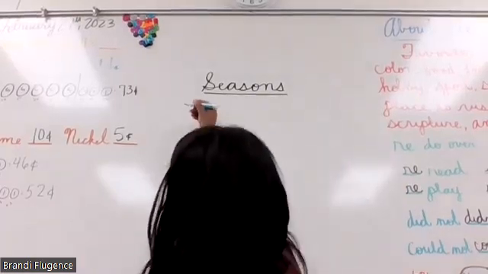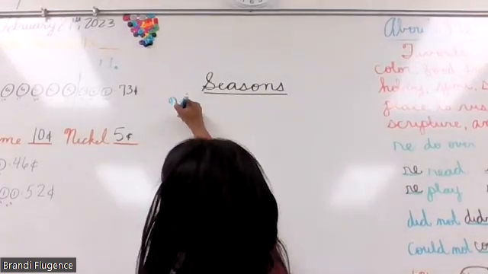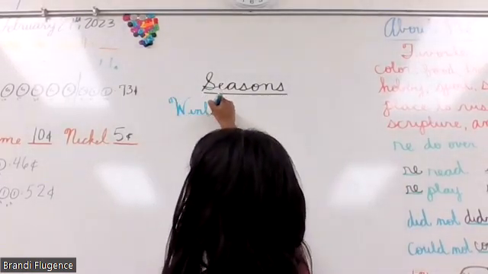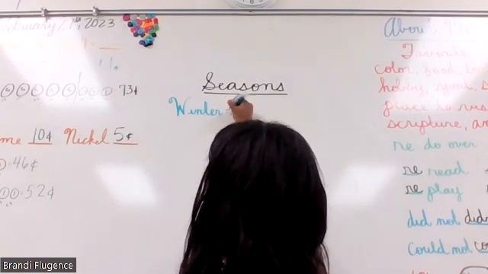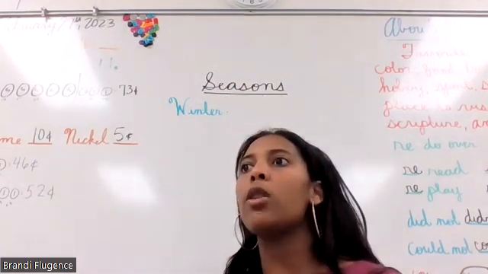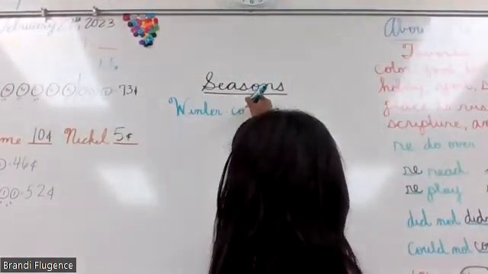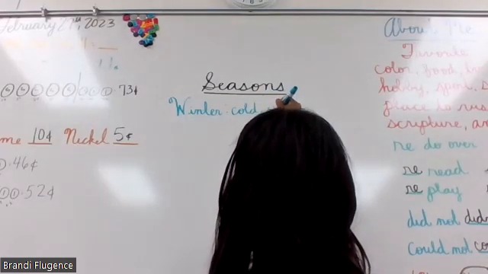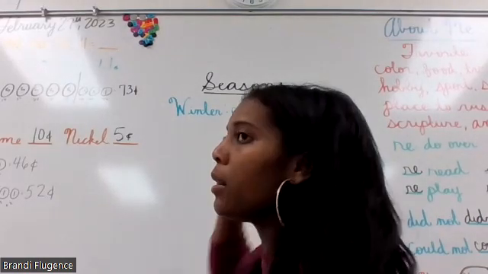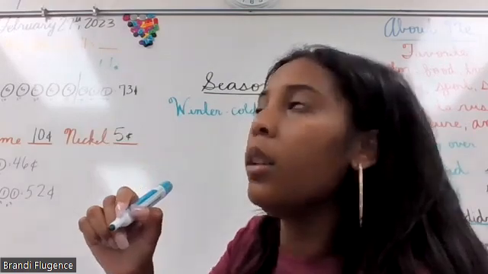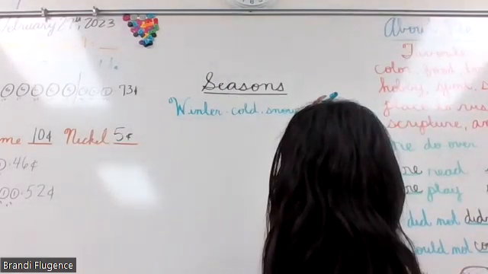So let's talk about our first one because the year starts off with winter. What are some things that we notice in the winter? What goes down in the winter? Asa? Snow. It snows. It's cold and it snows. Cold, snow, it's icy.